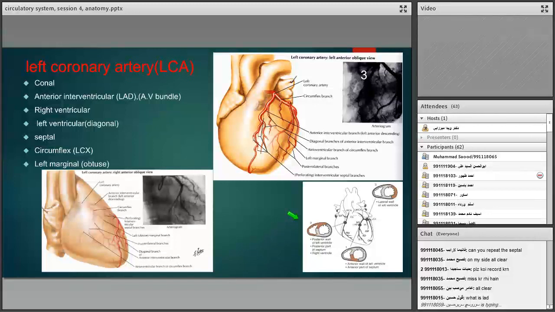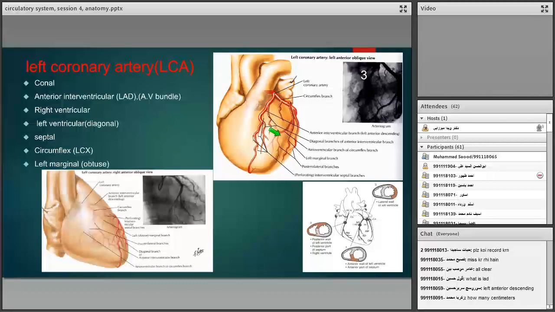So, the left coronary artery, or LCA, has a main part which is called the left main and is placed on the posterior side of the pulmonary trunk. It is near 2 centimeters. Yes. The LAD branch and circumflex branch are the two most important branches of the left coronary artery.